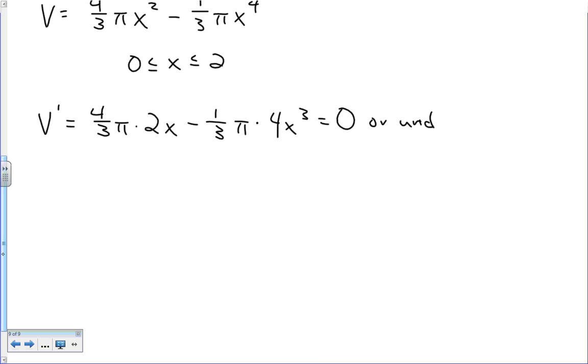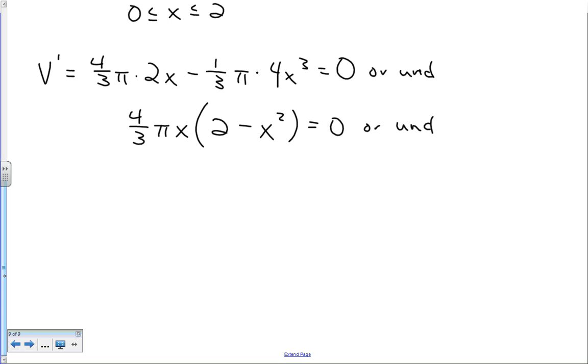I have a 4/3 pi I can definitely factor out. And I have at least one x in each of those two terms, so I can factor that out as well. So if I factor out 4/3 pi times x, I'll be left with a 2 in the first term. 4/3 pi is gone in the second term, and I'm left with an x squared. And that I want to find out where that's 0 or undefined.